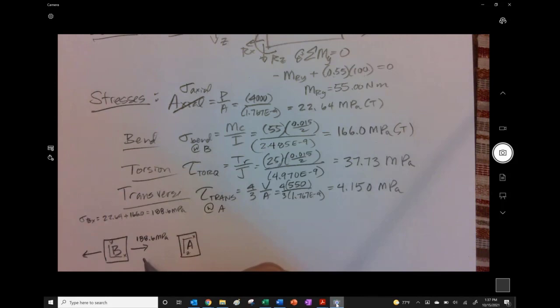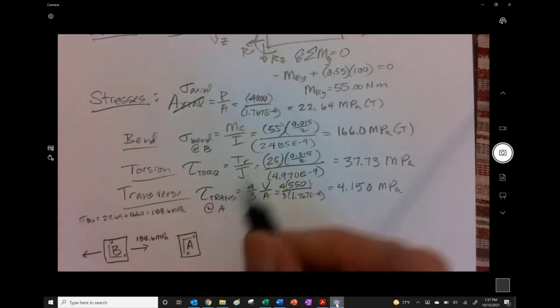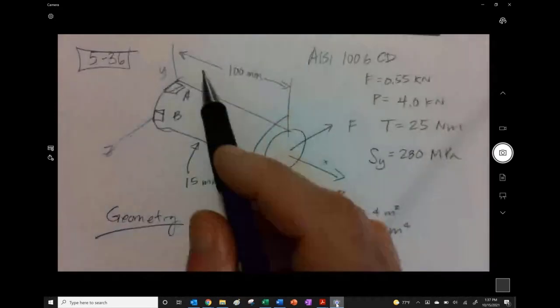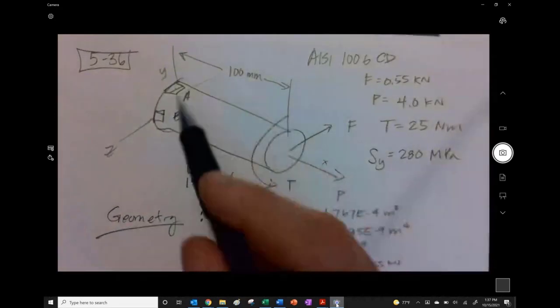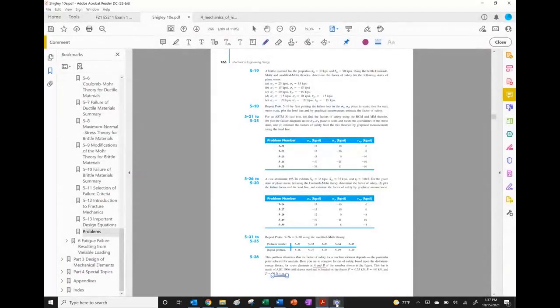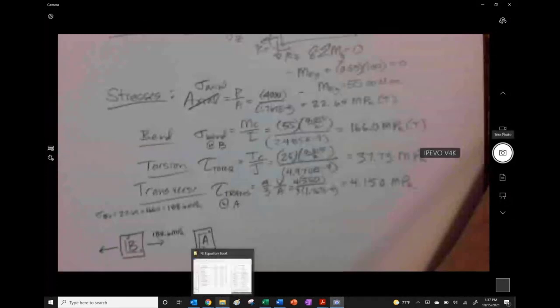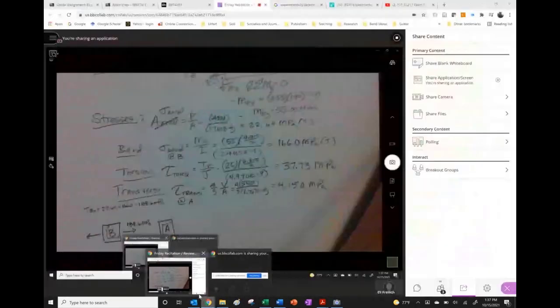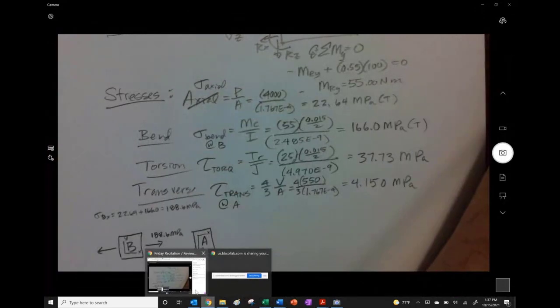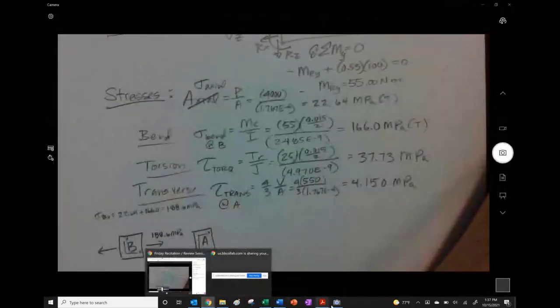And at B, we established that's only going to be the torque, right? The shear at B isn't affected by any of these other things. Right? So, whoops, I'm going to go back over here. Just double checking I'm still recording, right? Yeah, you're recording, okay.